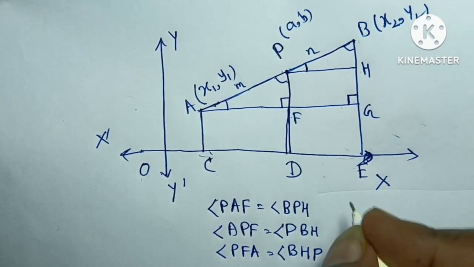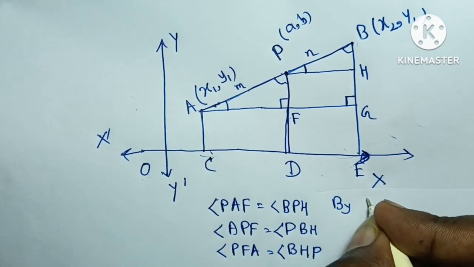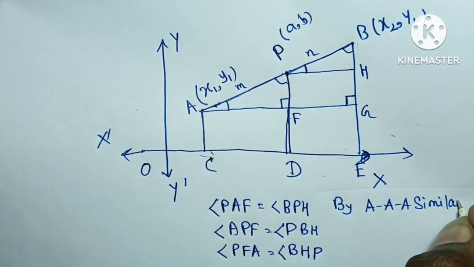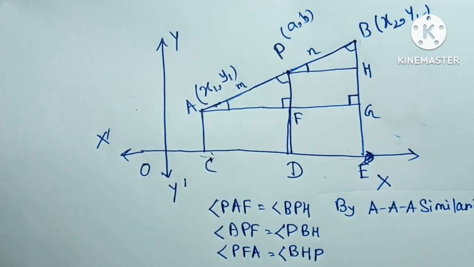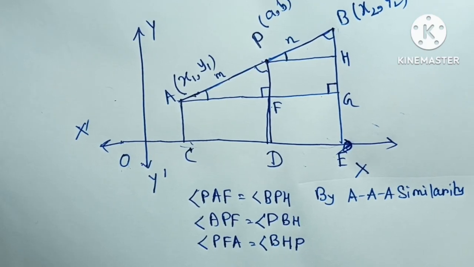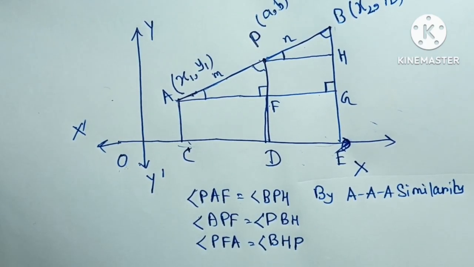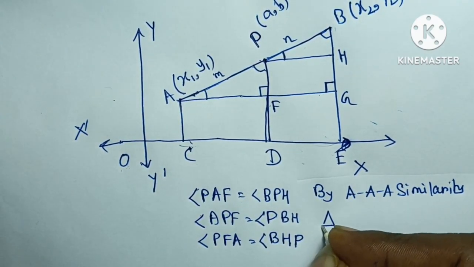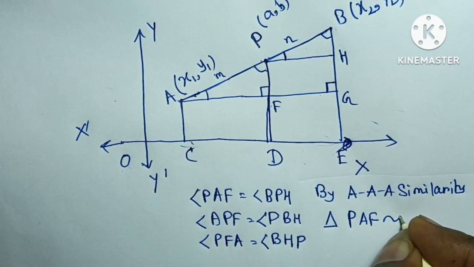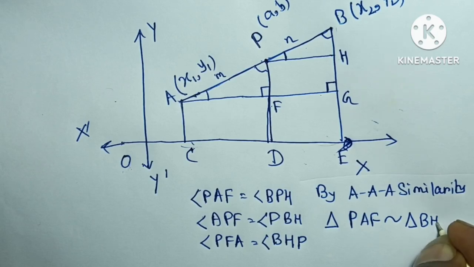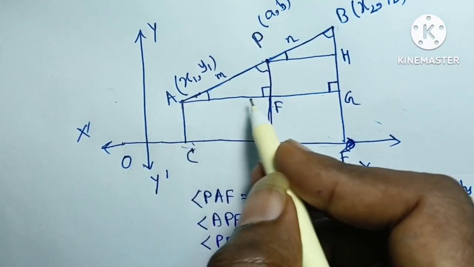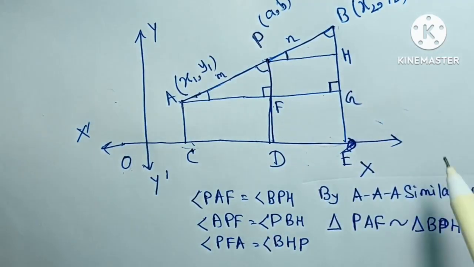So by angle similarity, we can write triangle PAF is similar to triangle BPH.